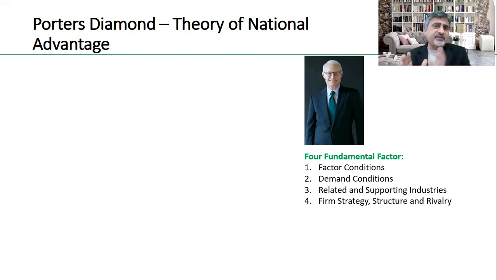So when I say demand conditions, one is the quantity, but another important factor is the other factors of demand. For example, consumer behavior. In some countries, if I speak about Japan or the US, the users are advanced users.